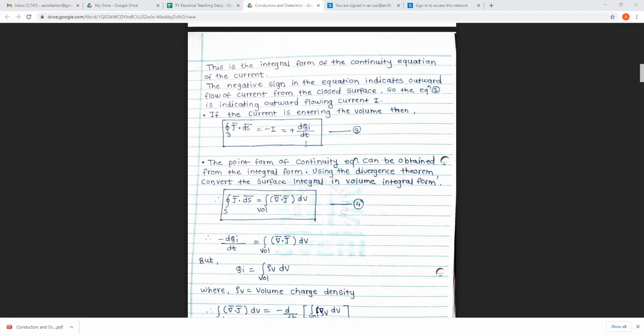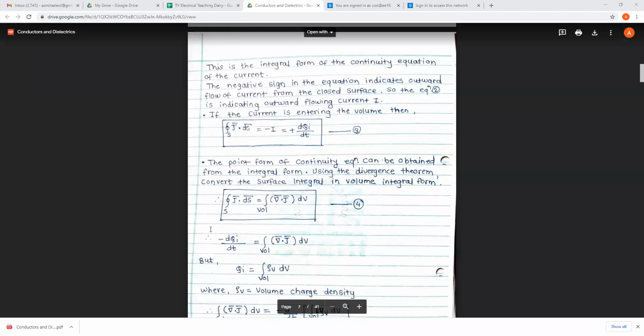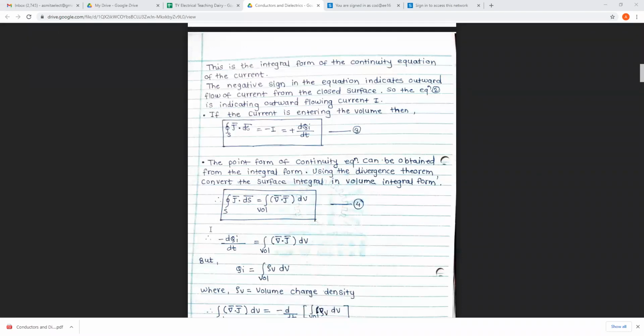The point form of the continuity equation can be obtained from the integral form using the divergence theorem. So what is the divergence theorem? The closed surface integral of d bar dot ds bar is equal to the volume integral of rho v dv, and this rho v is nothing but del dot d bar. Here, instead of d bar, just replace it by j bar.